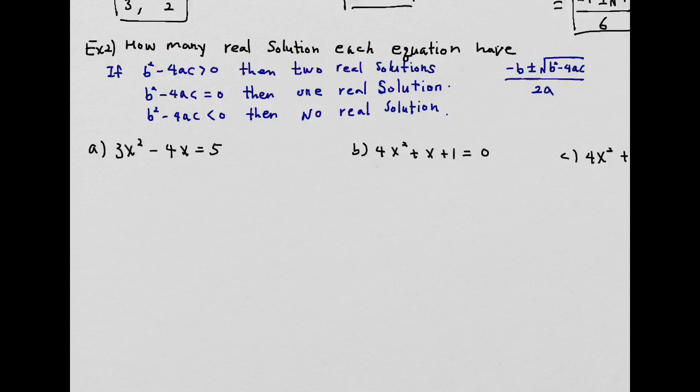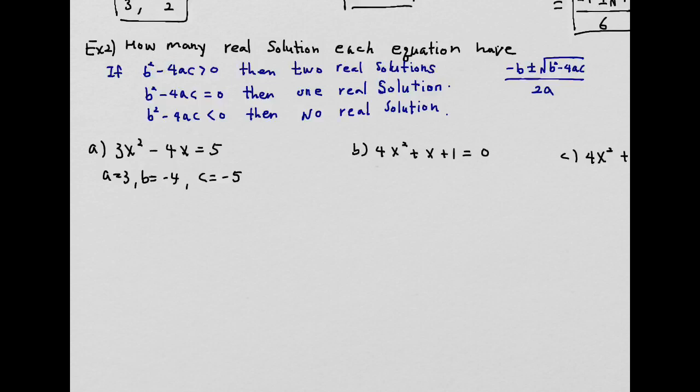Okay, so let's look at part A. 3x squared plus 4x minus 5. If we change this into standard form, we can tell a is 3, b is 4, and c, the 5 will move to the other side, so c becomes negative 5, right?